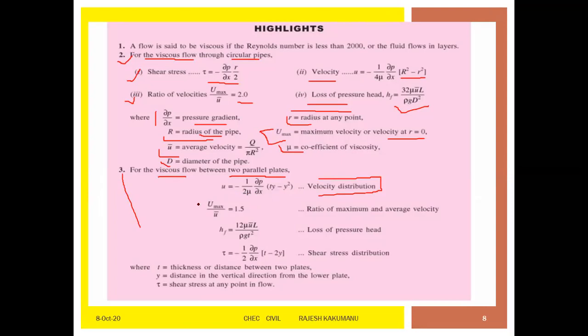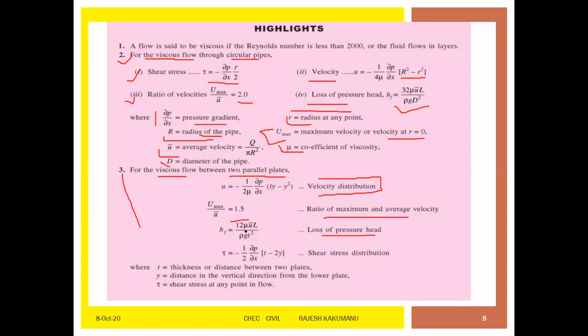Then the other formula: u max by u bar is equal to 1.5. What is this? The ratio of maximum velocity to average velocity is 1.5. Then what is the pressure head loss? In the Hagen-Poiseuille formula it was 32; for the two parallel plates, put 12. The remaining is the same.